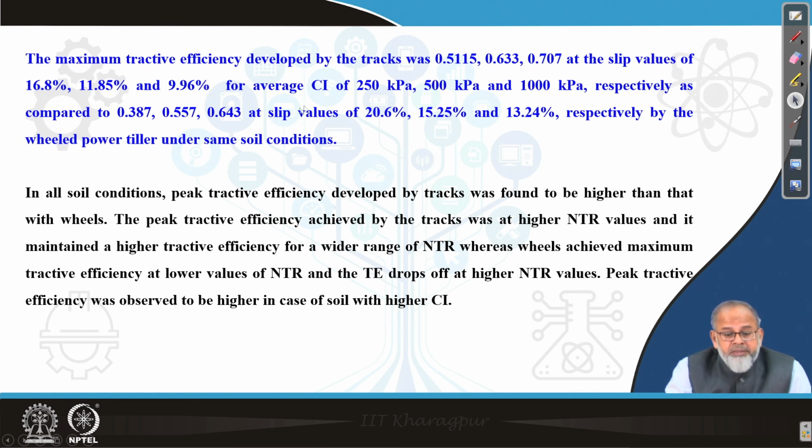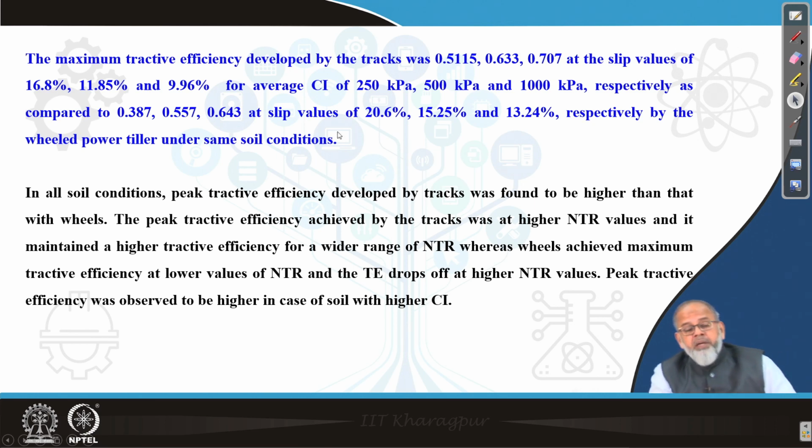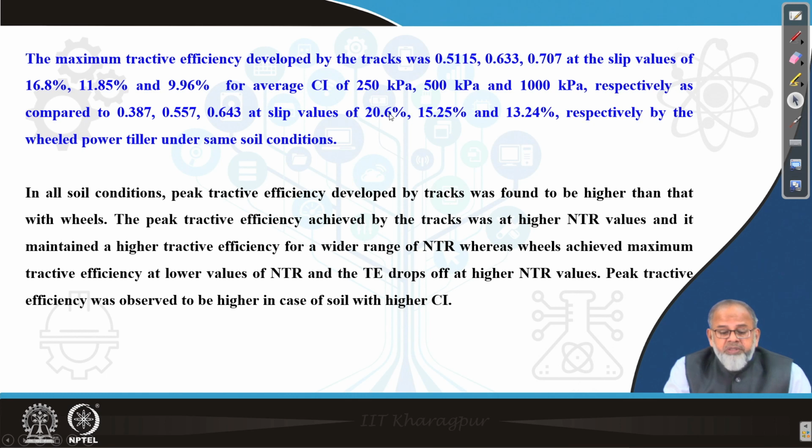For average CI, that is cone index of 250 kilopascal, 500 kilopascal and 1000 kilopascal respectively. And as compared to wheel, this was only 38.7%, 55.7% and 64.3%, and the corresponding slips are 20.6%, 15.25% and 13.24%.